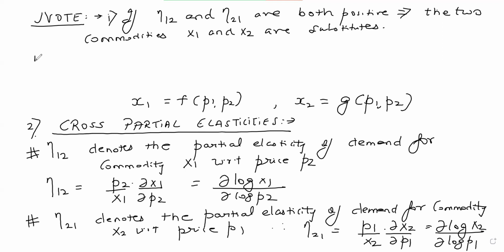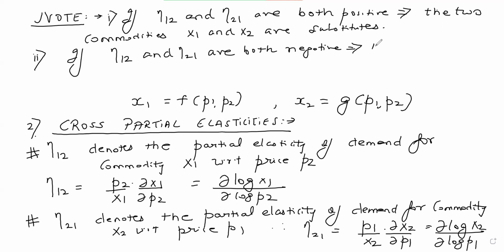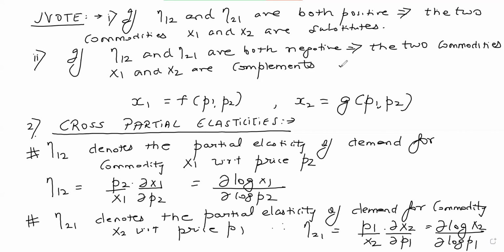This was point 1. Point 2: if the cross price elasticities eta 12 and eta 21 are both negative, it implies that the two commodities x1 and x2 are complements, like tea and sugar.